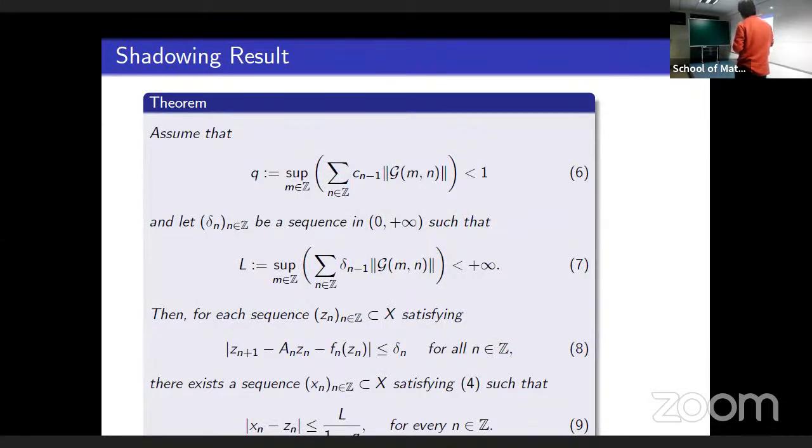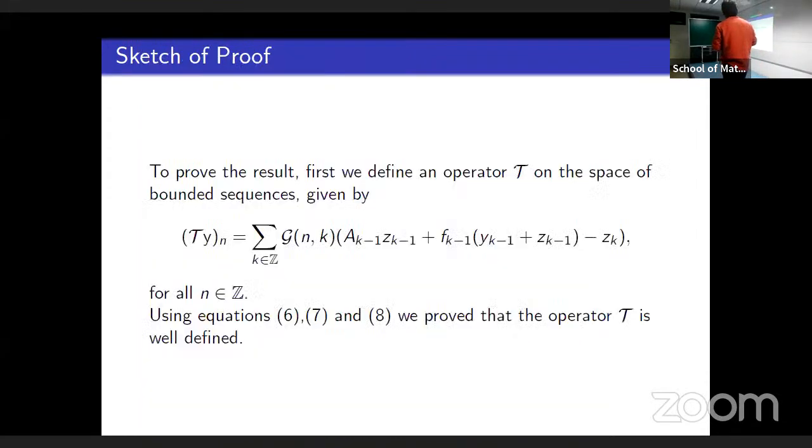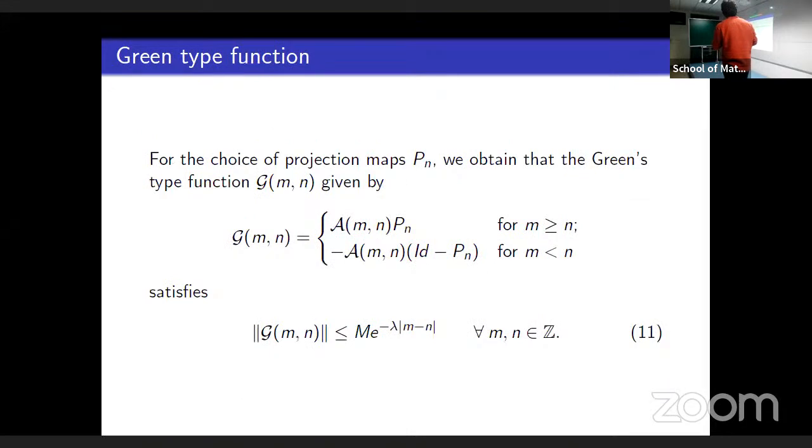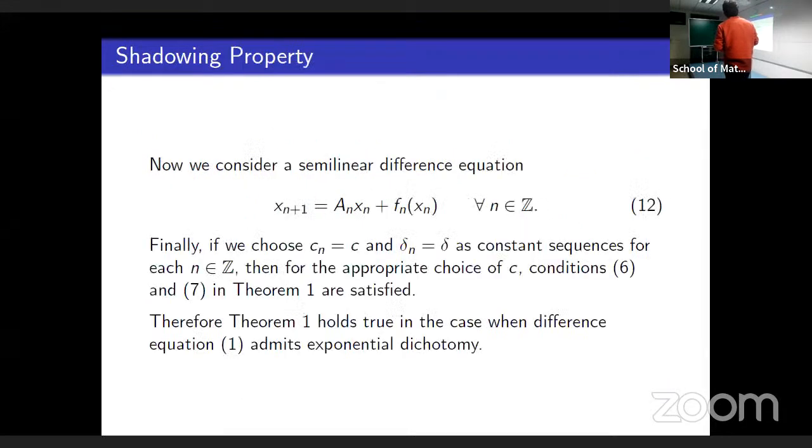In this, we have taken Cn as constant C and delta n as constant delta, and we have the bound of GMN as an exponential bound. So if we choose C smartly, then we can make sure that it is less than 1 and we just make it finite. So these two conditions can be satisfied in this case, and once conditions 6 and 7 are satisfied, we can apply our theorem and we can obtain our result.